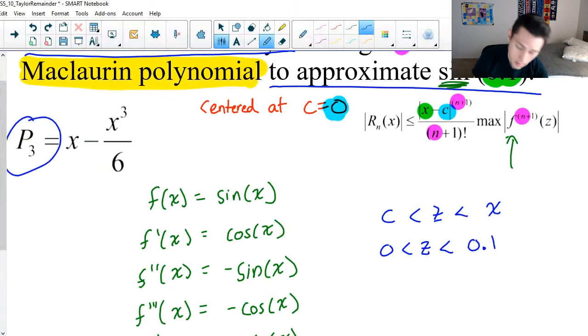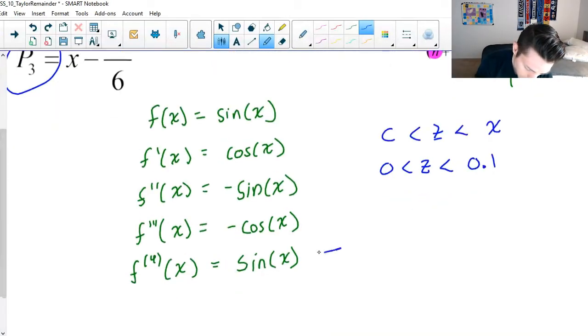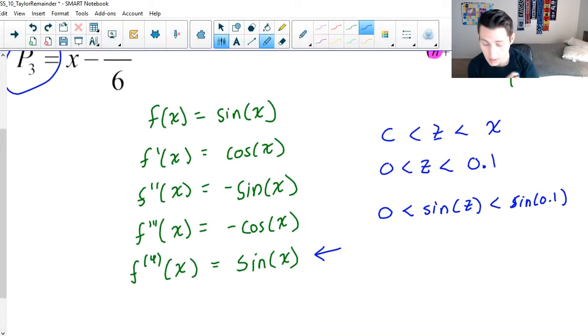Okay, so then if I want to consider the actual function, that fourth derivative of z, so sine of z. So let me just consider what would happen if I took sine of these things. Sine of 0 is 0, less than sine of 0.1.